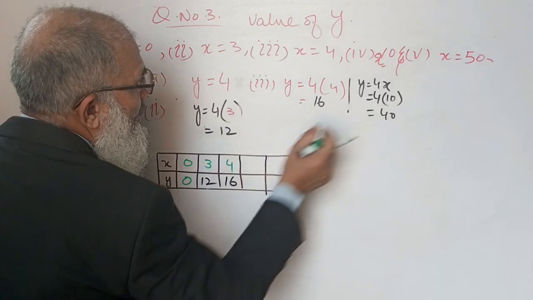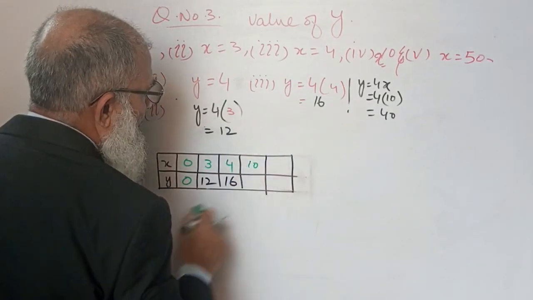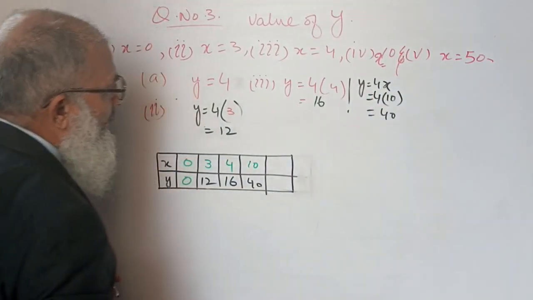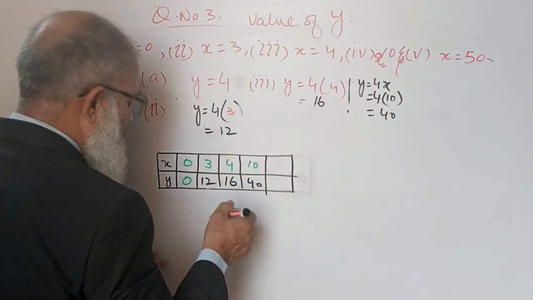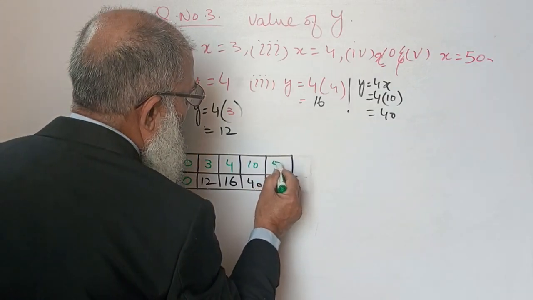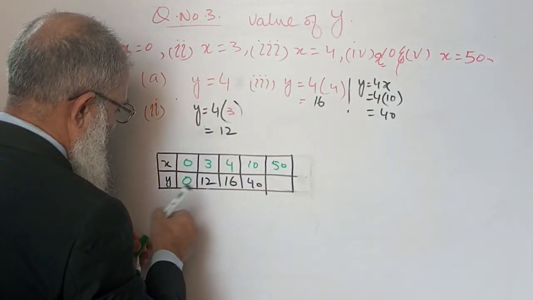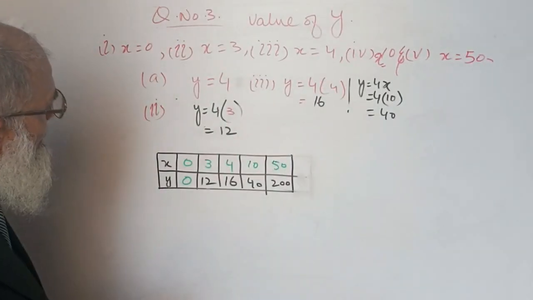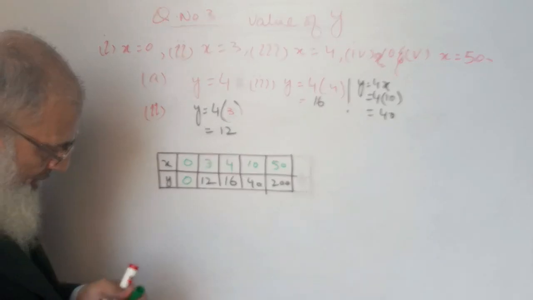Now you see, when x was 10, y is 40. And for the last value 50, 50 multiplied by 4 is 200. Now these are the corresponding values which we got here.